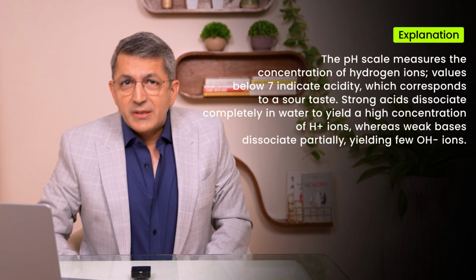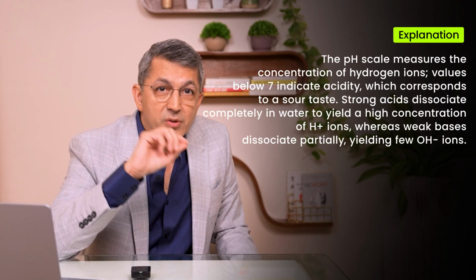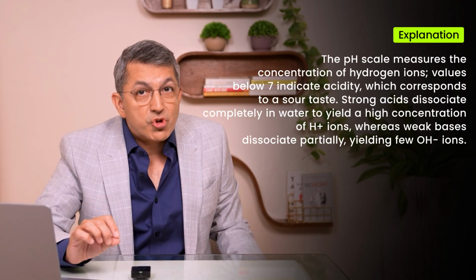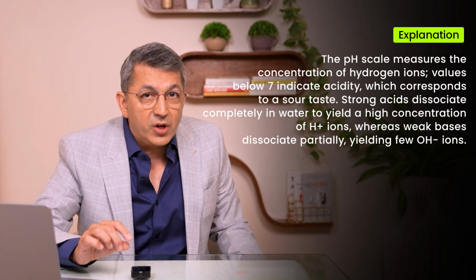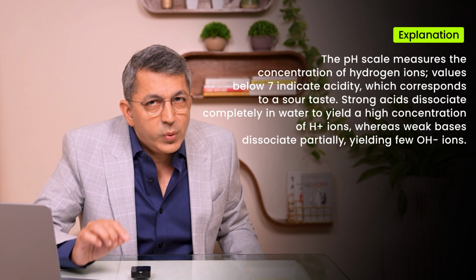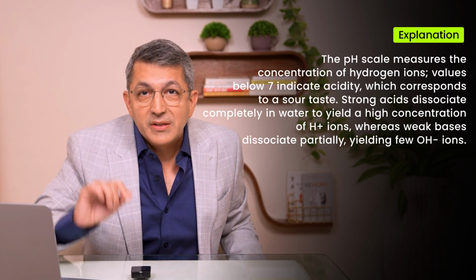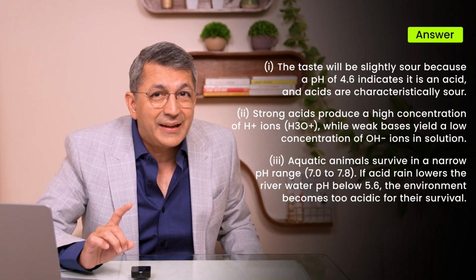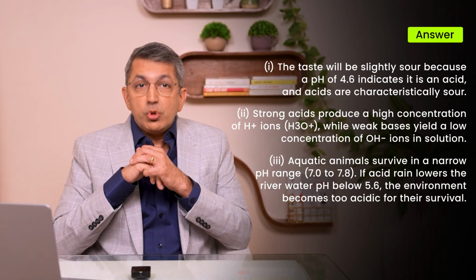Explanation. The pH scale measures the concentration of hydrogen ions; values below 7 indicate acidity, which corresponds to a sour taste. Strong acids dissociate completely in water to yield a high concentration of H+ ions, whereas weak bases dissociate partially, yielding few OH- ions. Answer. 1. The taste would be slightly sour because a pH of 4.6 indicates it is an acid and acids are characteristically sour. 2.